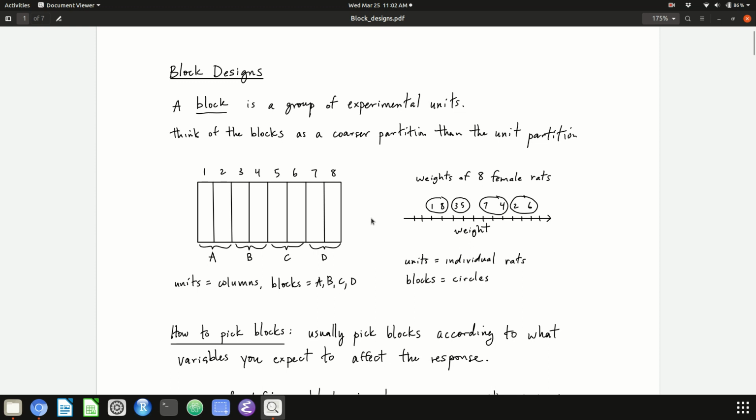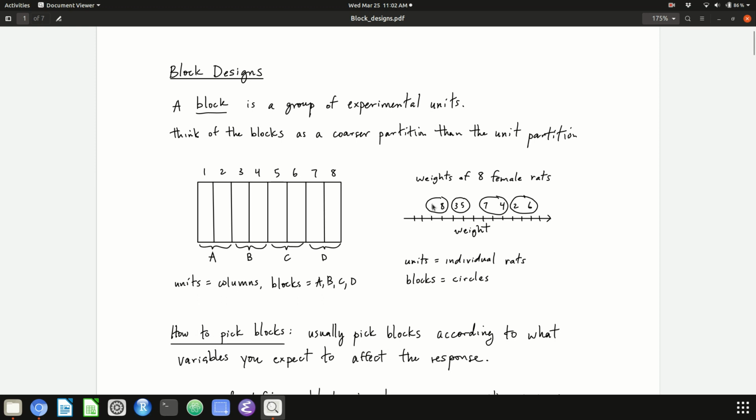In our rat example, the units were the female rats because each individual female rat could receive either placebo or a hormone treatment. Here is a drawing of what the female rats might look like according to their weight. Here we have 8 female rats, and I've just plotted each female rat as a function of their weight.